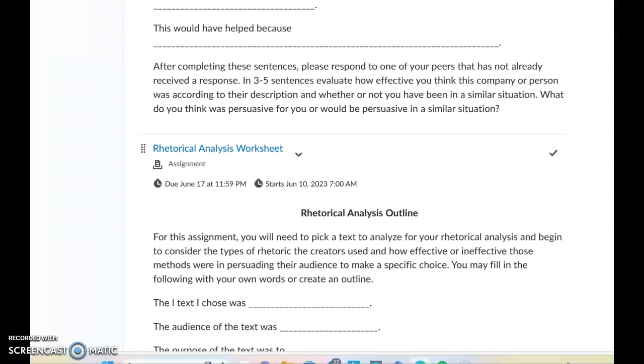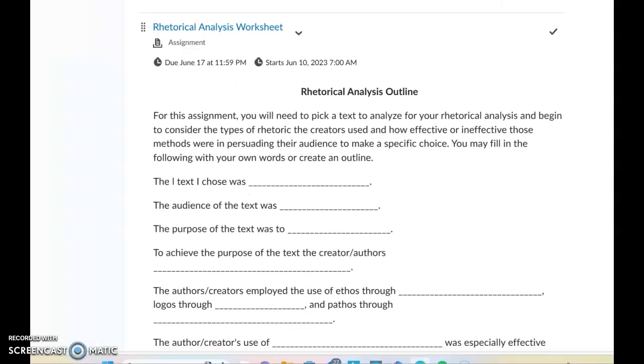And then last week I gave you an outline that you could fill out if you wanted to. This week I'm giving you an outline that does need to be filled out. So I'm having that due on June 17th, which, if I remember right, is the Saturday before your paper is due.